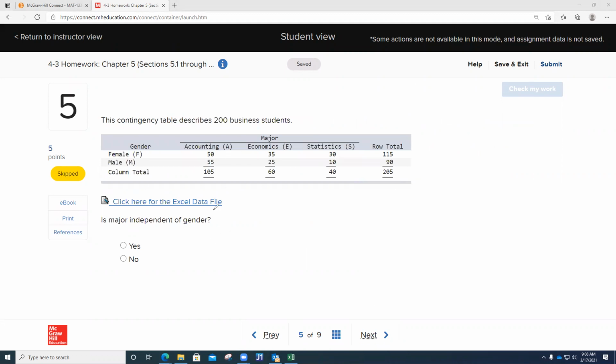So here you can put the file into Excel. Is major independent of gender? So let's see here. This table consists of 200 business students. And so we need to find our ands here.